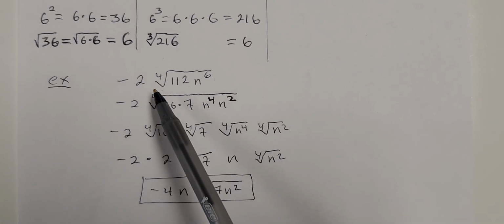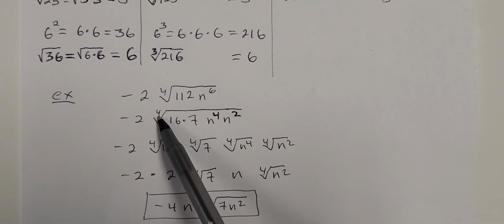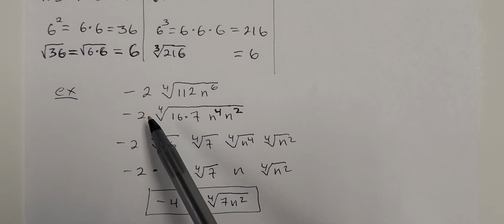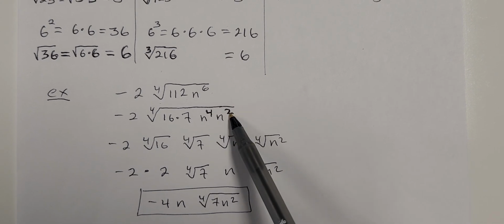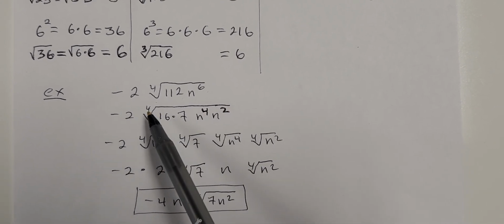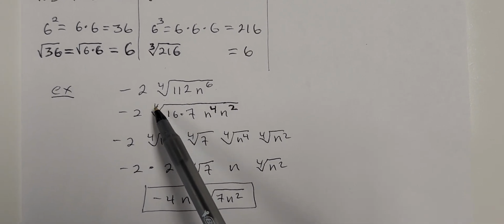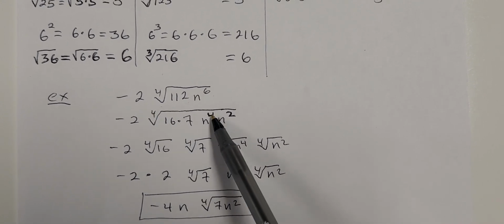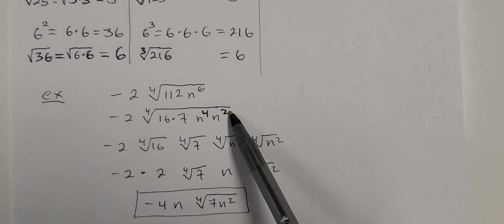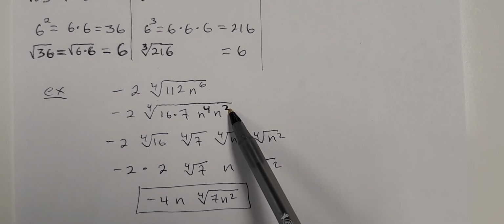The reason is that out here there's a 4, and this 4 means I want a group of 4. That's why I have n to the 4, and then whatever is left over, which is n squared.